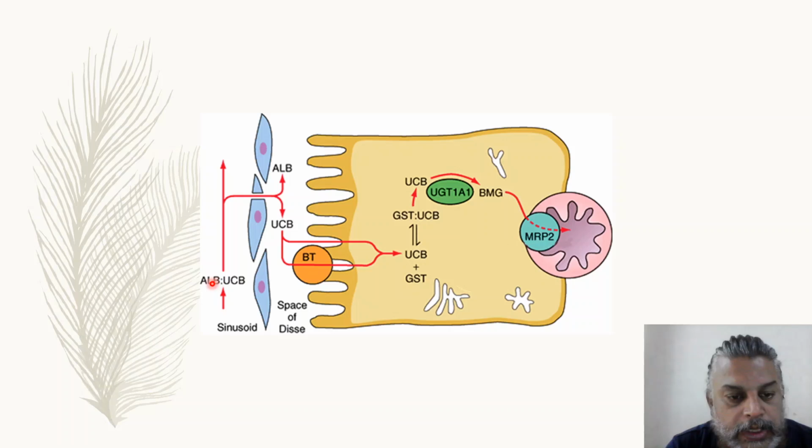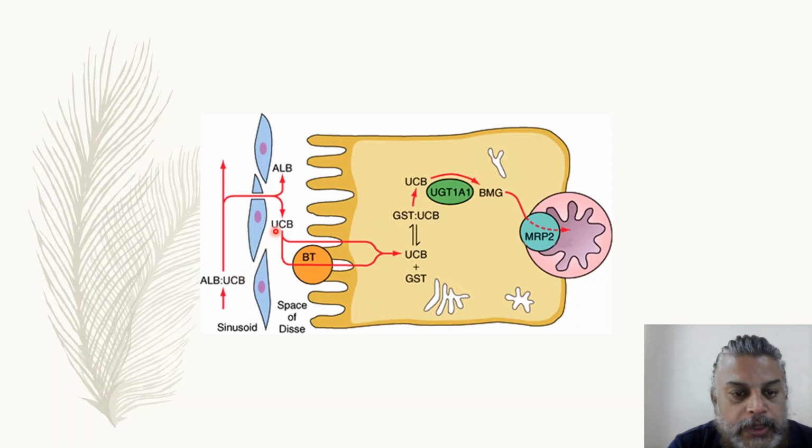As we know, this is a large protein and cannot get inside small microvessels like in the glomerulus, but in the sinusoids of the liver, the bond between albumin and unconjugated bilirubin is broken.